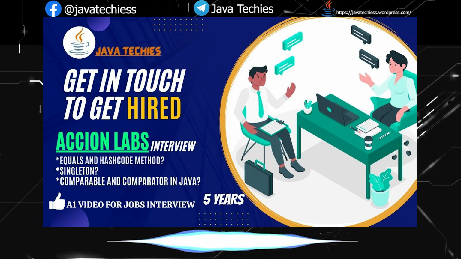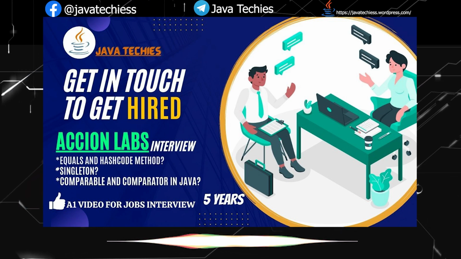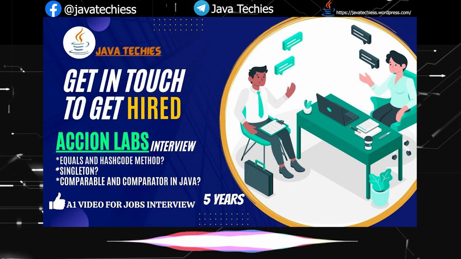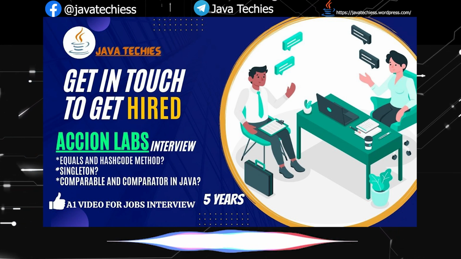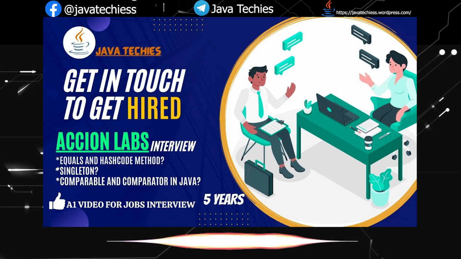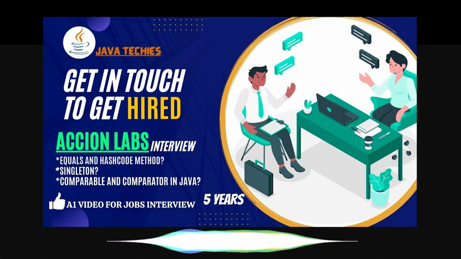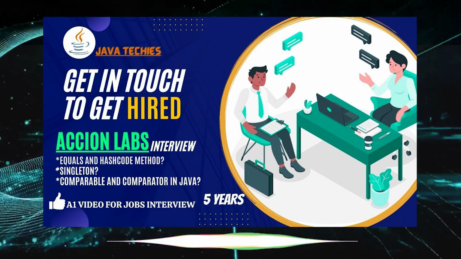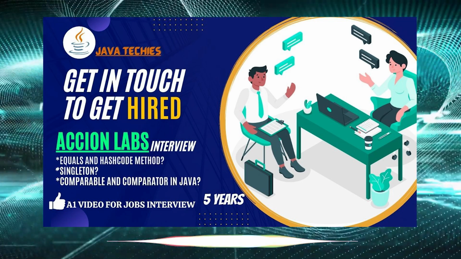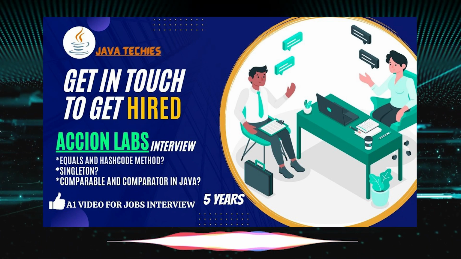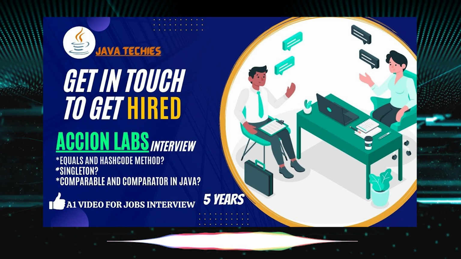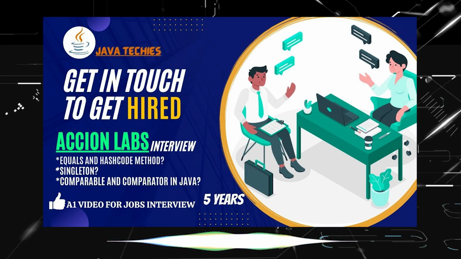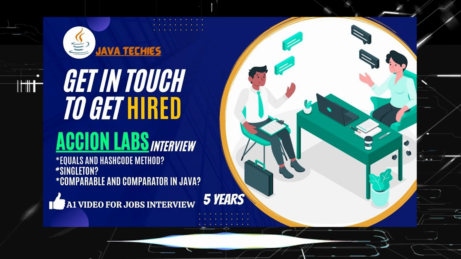What precautions do we need to take care of? Provided that the hashCode is properly implemented for the object, so that it won't lead to hash collisions. That is one thing. Also, there is a contract between equals and hashCode: when we override hashCode, we have to provide the implementation of equals also.